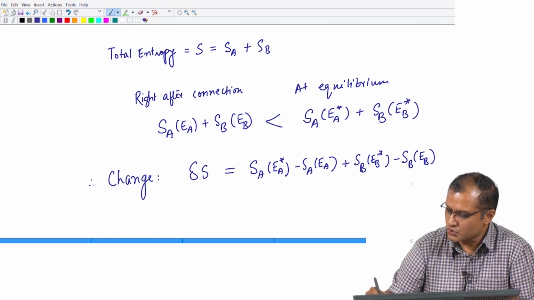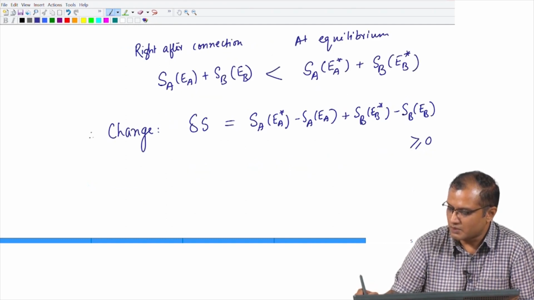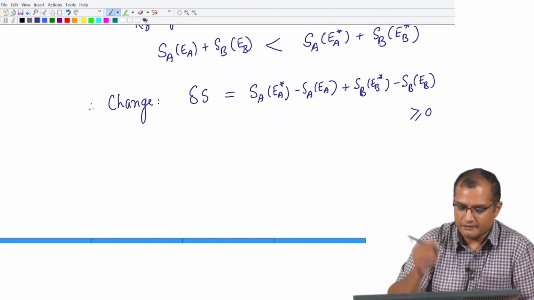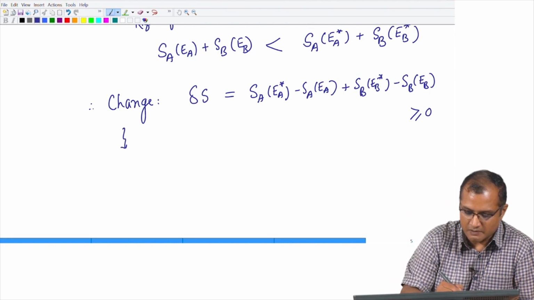And I know that this change will be greater than or equal to 0, because the change is irreversible.